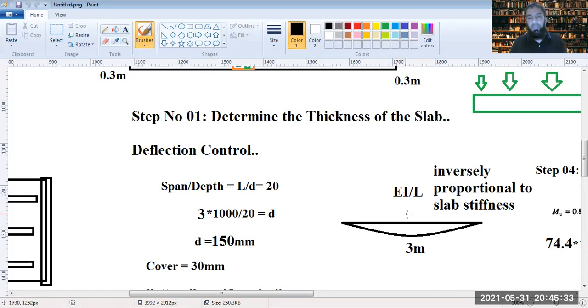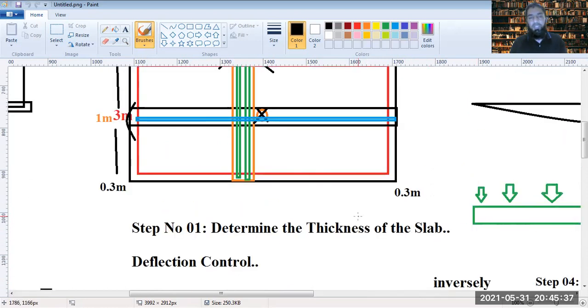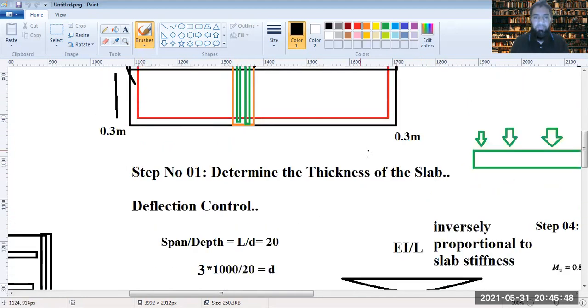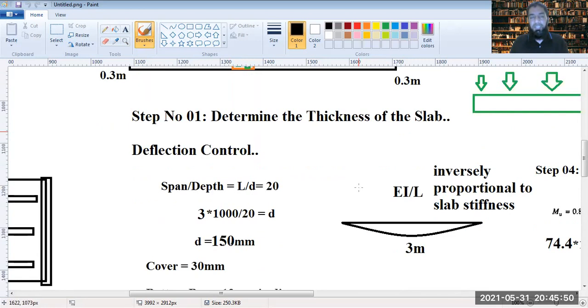Because the shorter direction is also supported, if it was not supported then the condition would have been different. But because it is supported, this 3 meter, along the shorter direction, would dictate the deflection control.